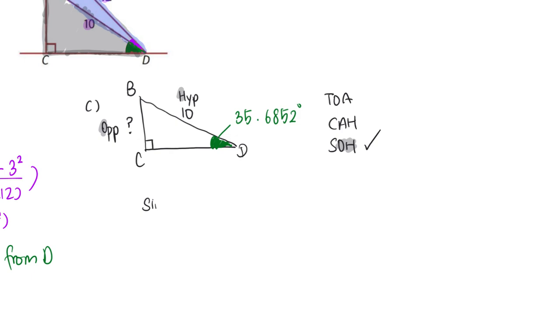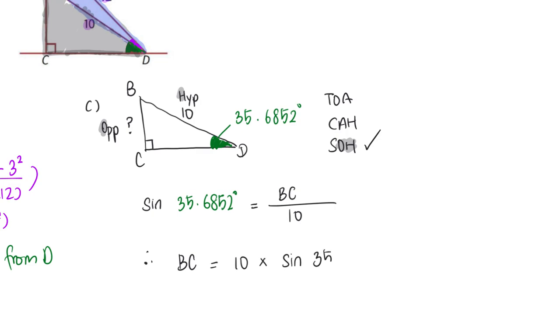So sine of this angle 35.6852 degrees is equal to the opposite side, which is my BC, divided by my hypotenuse, and therefore I will be able to get my length BC immediately, multiplying 10 on both sides of this equation.